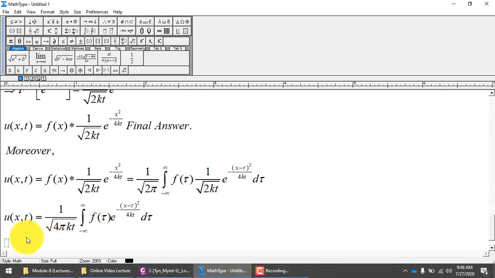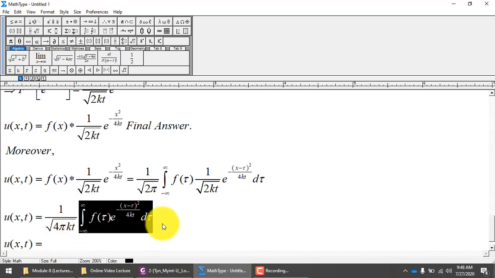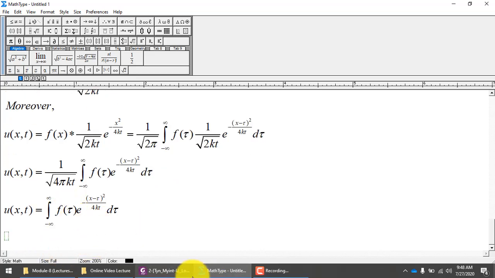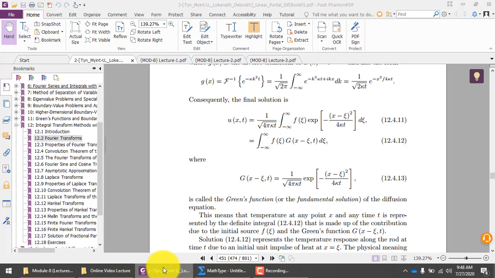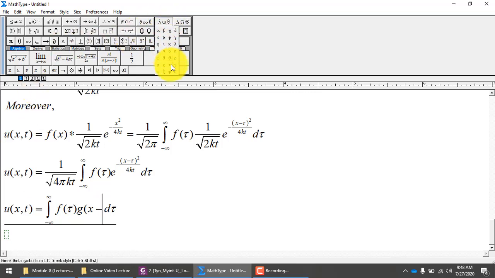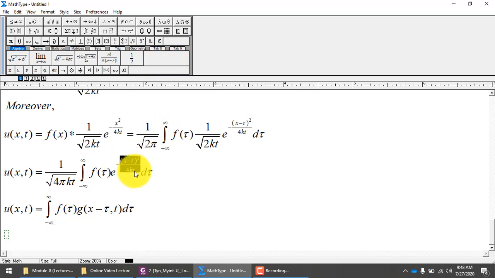This u is actually equal to the integral from minus infinity to infinity, but that integral will be taken care of by the following: f of tau, and there you should put g of x minus tau, comma t, because g is a function of x and t both.